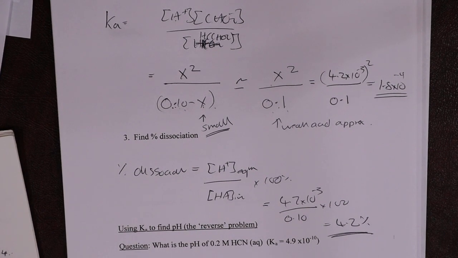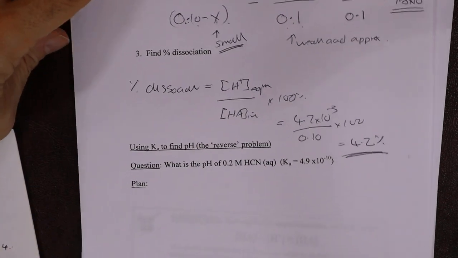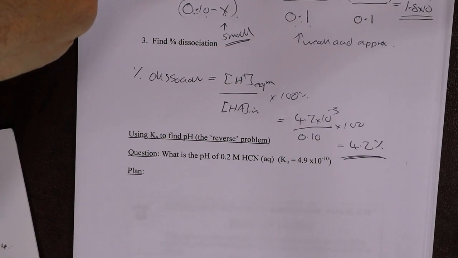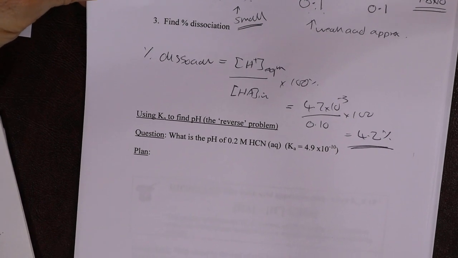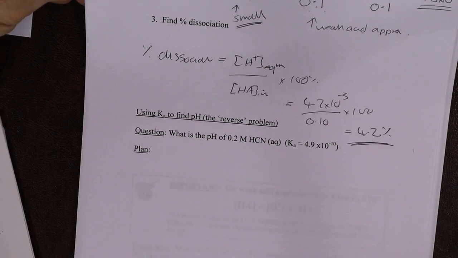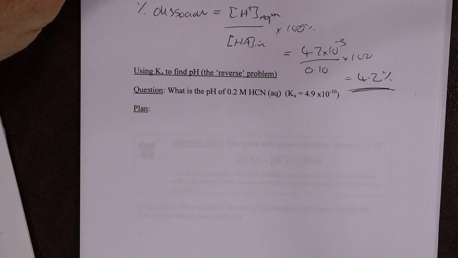That's, if you like, the forward direction, work out Ka from the pH. You can, of course, run it backwards and work out pH from Ka. So the plan there would be, okay, and here's a problem down here. Again, I'm having a bit of lag here. Bear with me while I just position the paper. There we go.